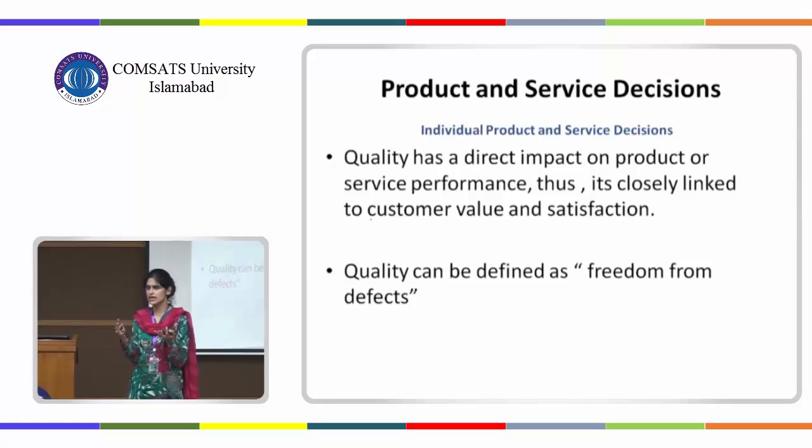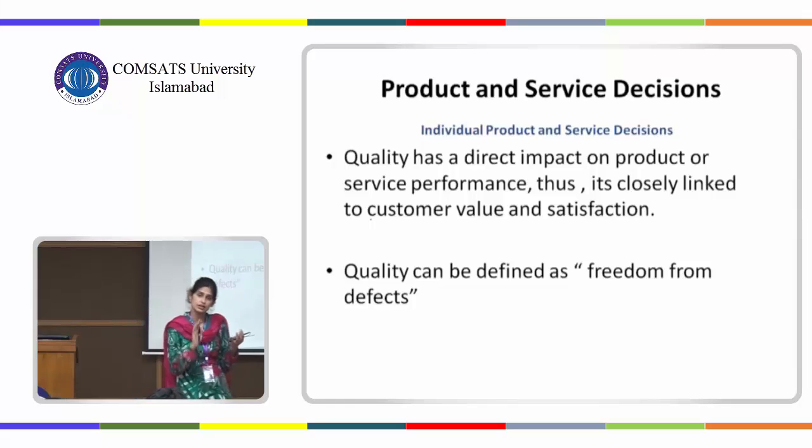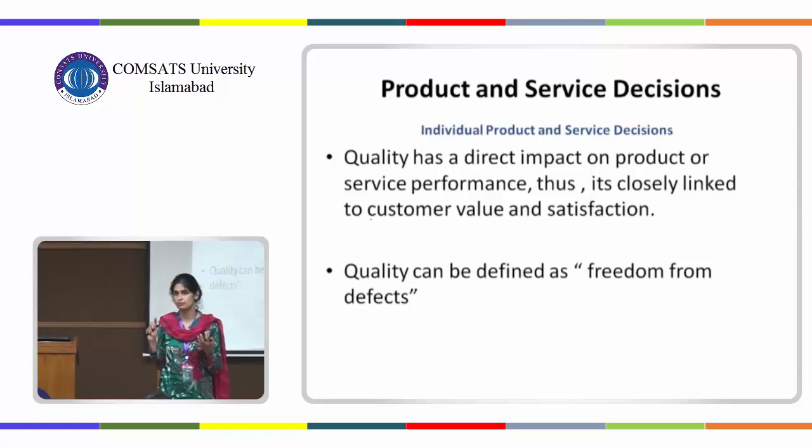Then how does an organization define quality? How does an organization ensure that the product that they're producing is of good quality? What they do is that they create a quality level for themselves, right? So they create a certain quality level, and if the product reaches their desired level of quality, the product is referred to as a good quality product, right?